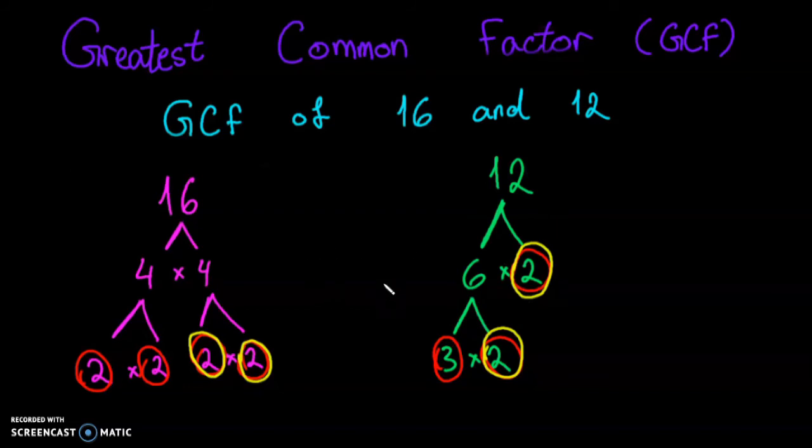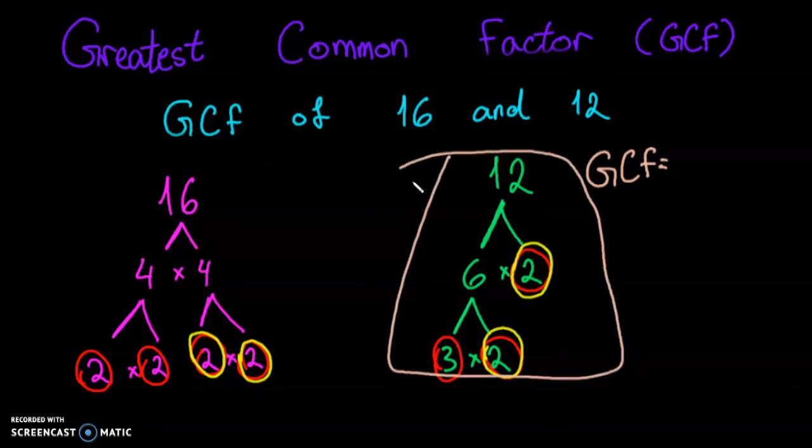And now from here, to find the greatest common factor is very easy. So you just take one side. Let's say we take 12. And we only multiply the numbers that are circled in yellow.